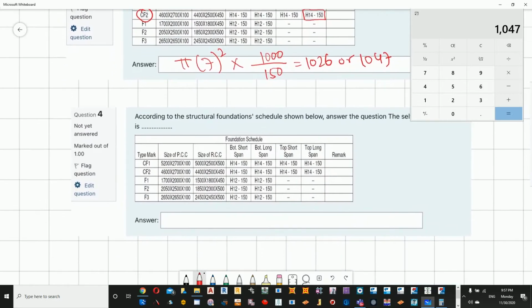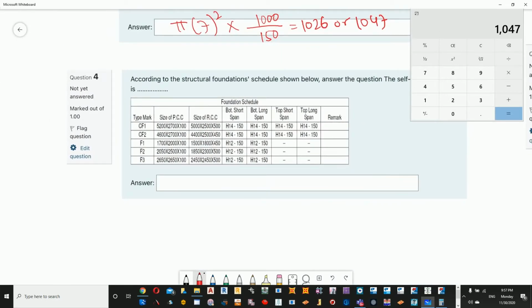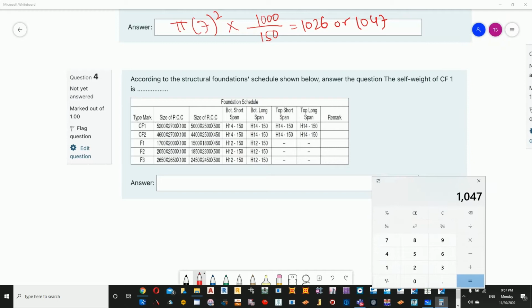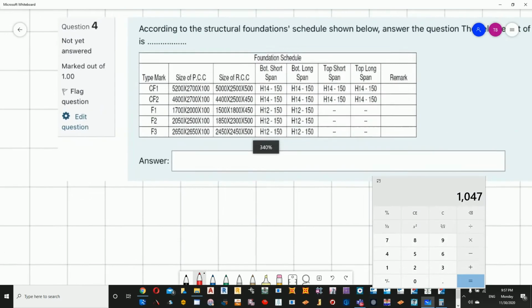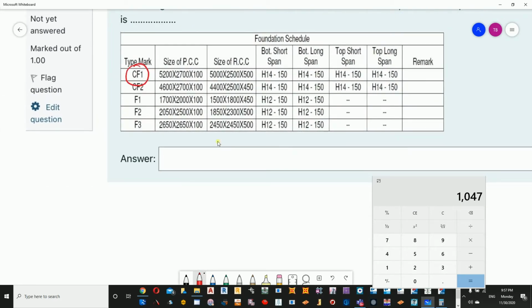Now according to the structural foundation shown below, answer the question once again. The self weight of CF1, once again this is CF1, this is 5 meter, so the self weight is 5 meter multiplied by 2.5, that's your width, multiplied by 0.5.